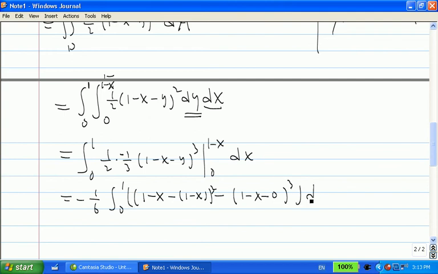This whole thing is dx. This is a polynomial, it's easy to integrate. After you integrate it, you get 1 over 24.